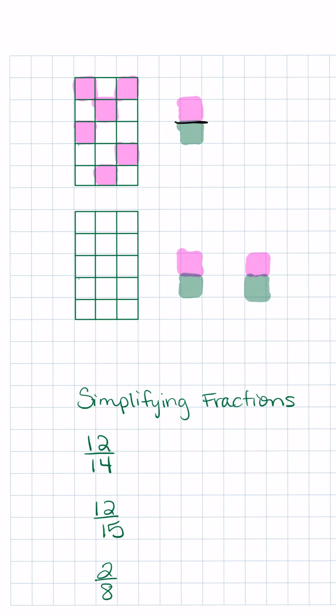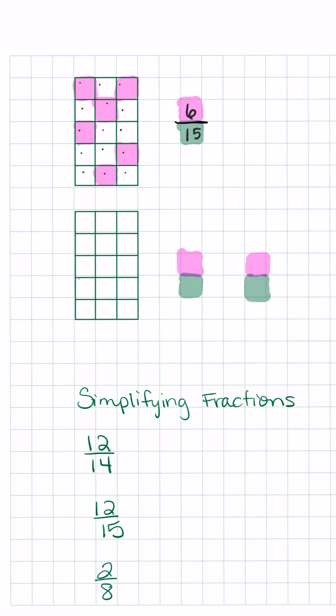But let's go ahead and count them. 1, 2, 3, 4, 5, 6, 7, 8, 9, 10, 11, 12, 13, 14, 15. So we have 15. The rectangle is cut into 15 parts. 1, 2, 3, 4, 5, 6 of them are shaded in. 6 out of 15 are shaded.